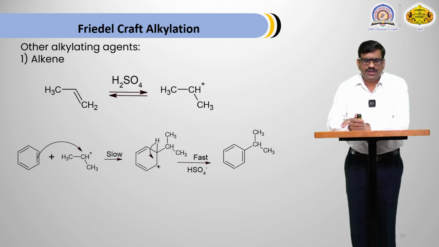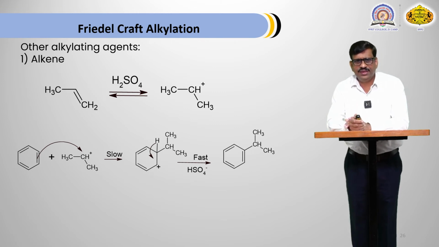Now in Friedel-Crafts alkylation reaction, some other reagent can be used instead of alkyl halide, and the first such reagent is alkene. We know that alkene contains a carbon-carbon double bond. When it is treated with acid, there is formation of carbocation as shown in this reaction.